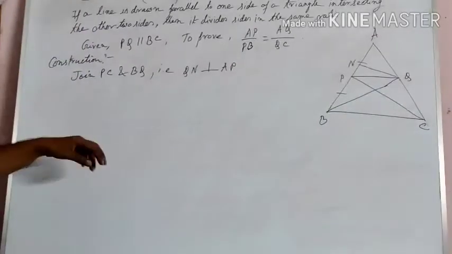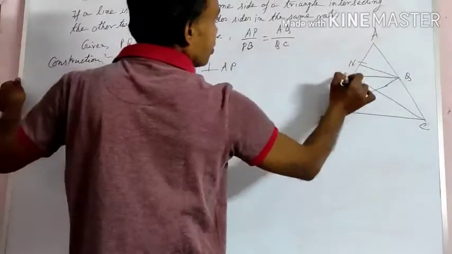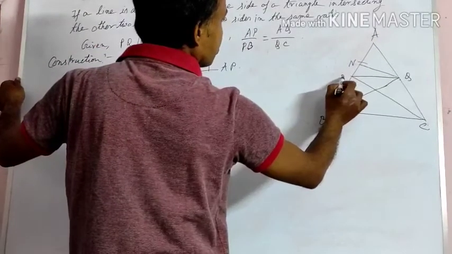Now take two triangles, one is APQ, another is PQB.